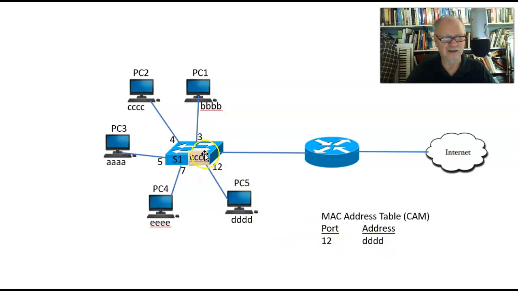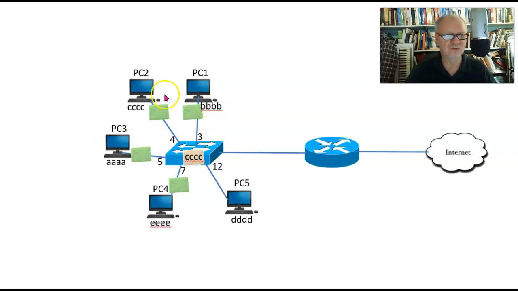All right, so now what does it do? Well, it doesn't know where to send this frame yet, and so it has to ask. It's going to send a request out to all of the PCs except the PC on which this frame came in. That's important. It does not send this frame out to this PC, only all of the others.